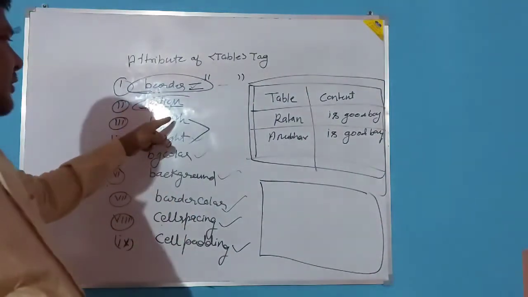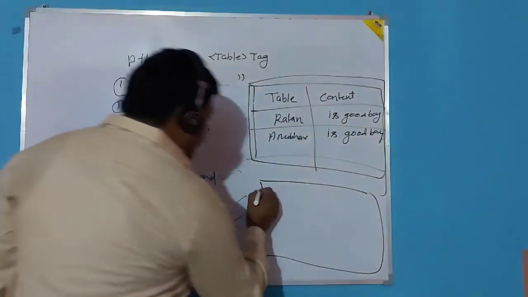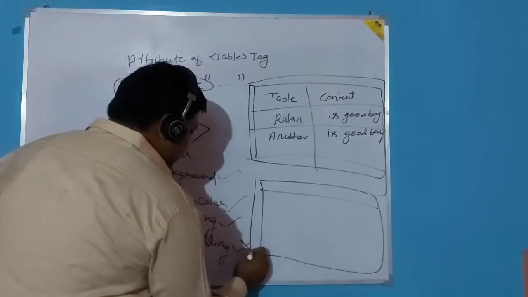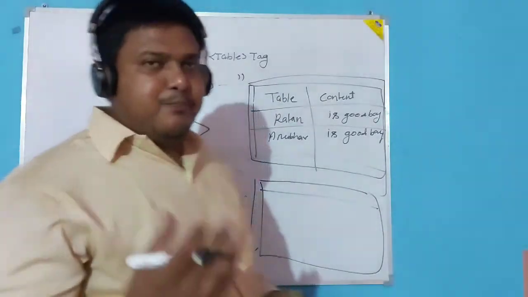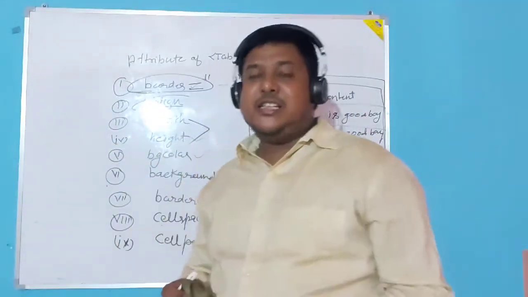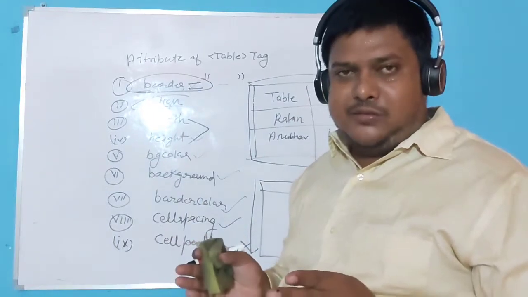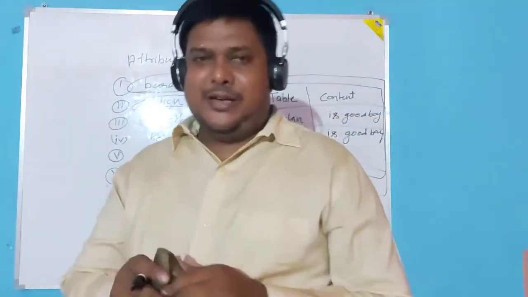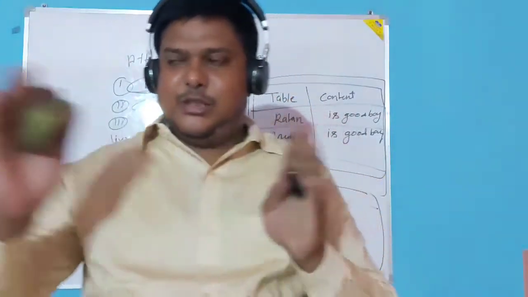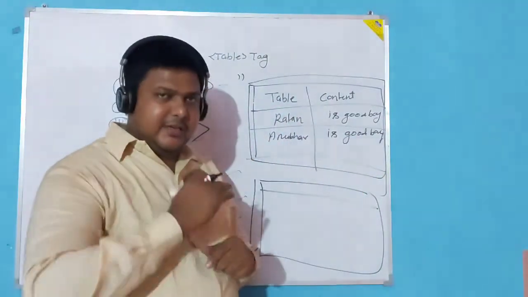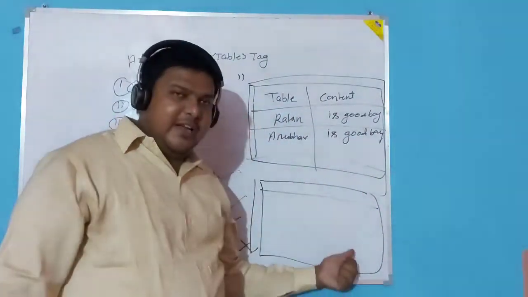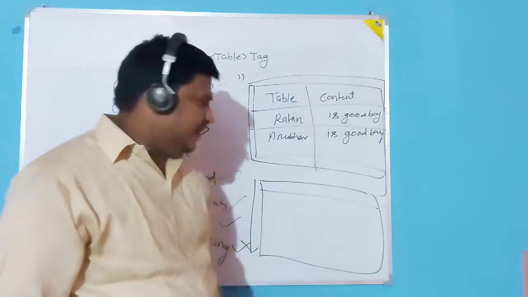So we are using width and height. That is known as width, and that is known as the height. If you have some prescribed size of the table, it may display that much width and that much length, so we can use here height and width.